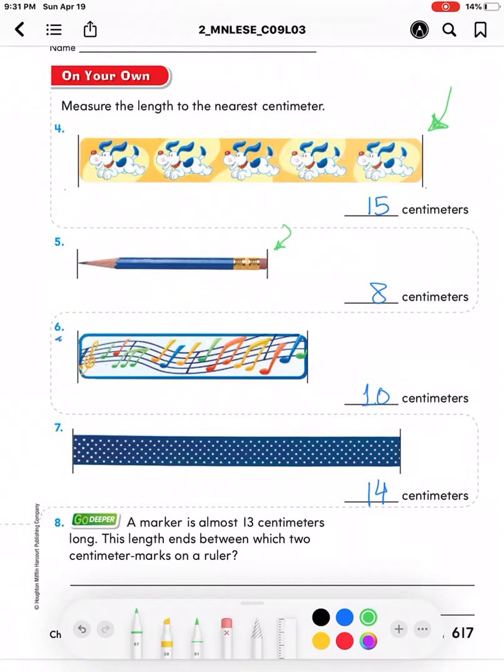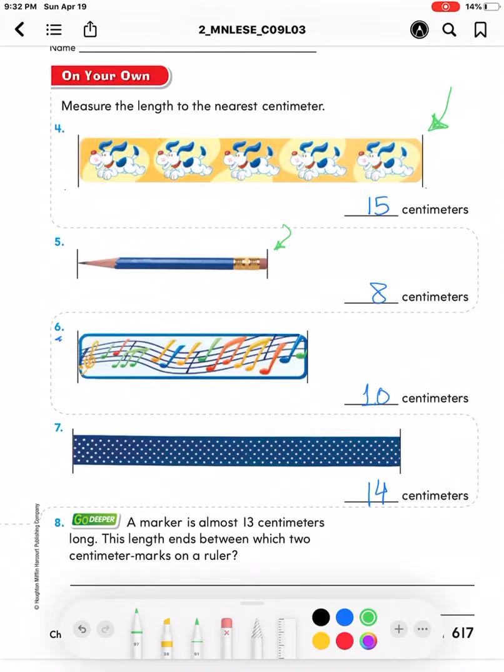Okay, if I asked you what is the difference between the longest object and the shortest object, what can you do? I am asking you about the difference between the longest one and the shortest one. So of course you will say it's 15 minus 8 in order to get the difference between them, okay?